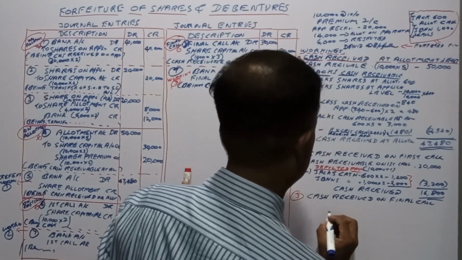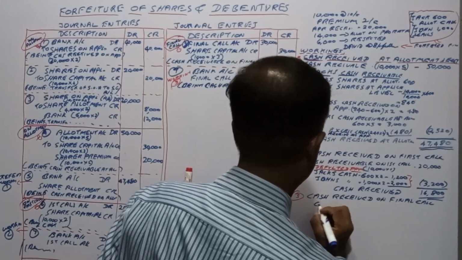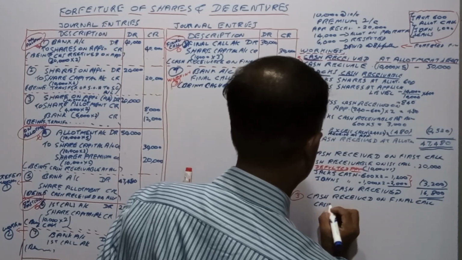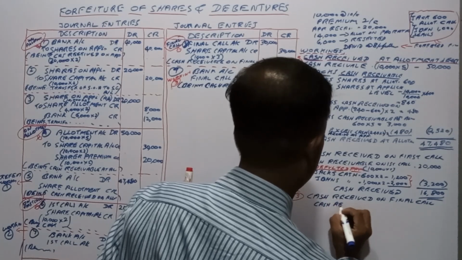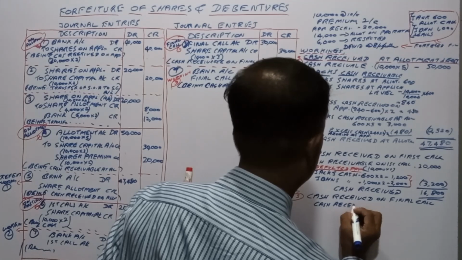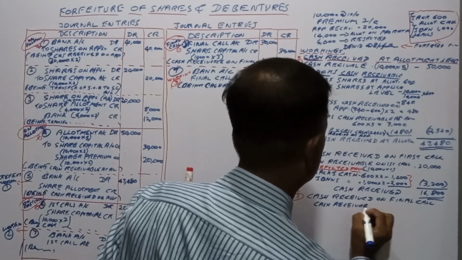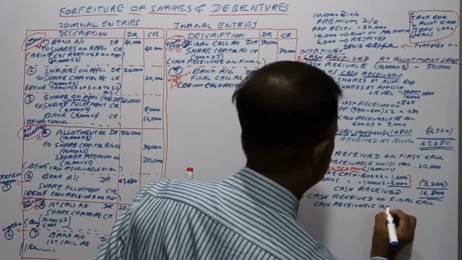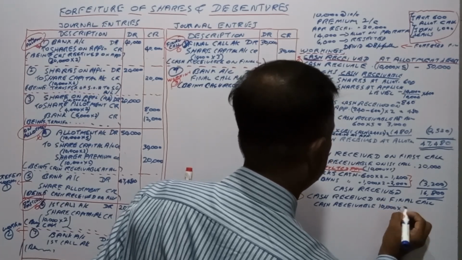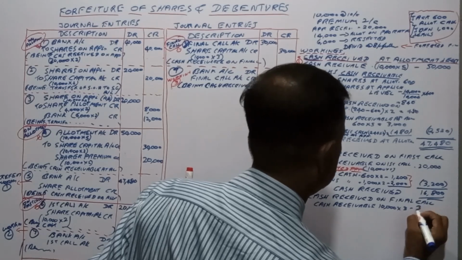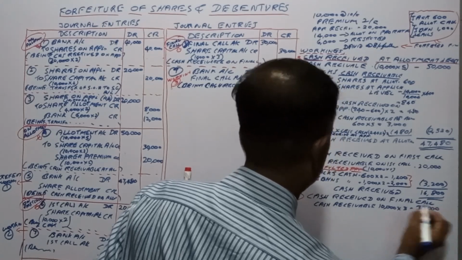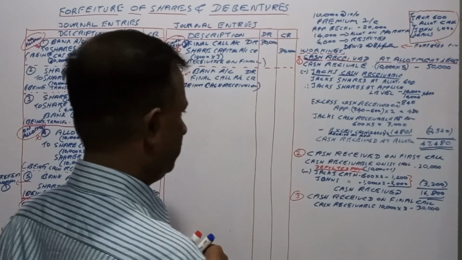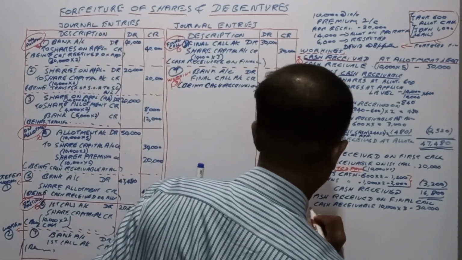That is cash receivable is 10,000 into 3, that is 30,000. Defaulted payments.